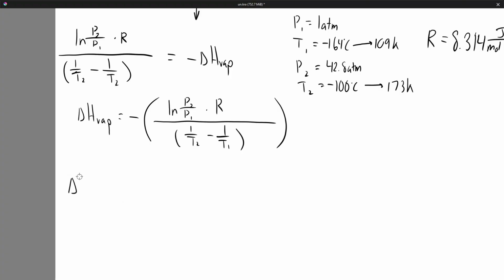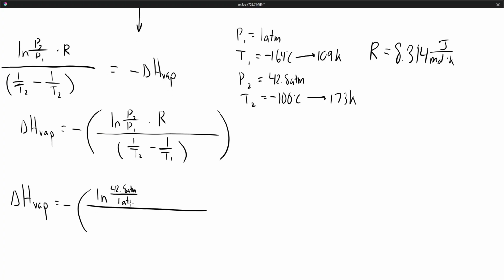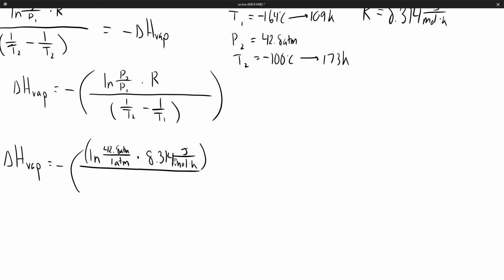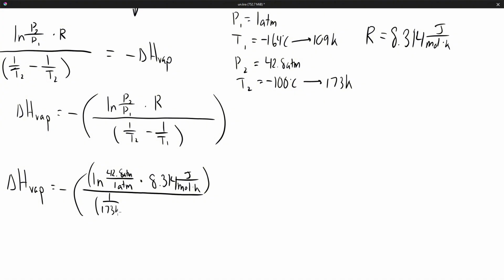So it'd be heat of vaporization equals negative natural log of P2, which is 42.8 atmospheres, over P1, which is just 1 atmosphere, times R, which is 8.314 joules over moles times Kelvin, divided by 1 over T2, which is 173 Kelvin, minus 1 over T1, which is 109 Kelvin.